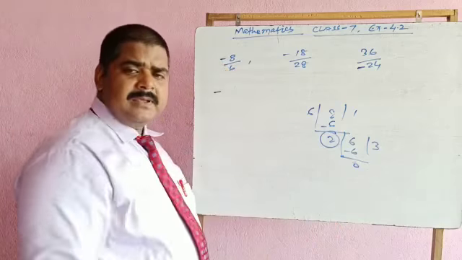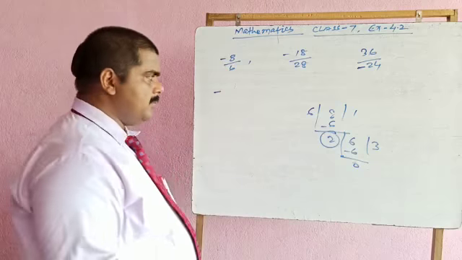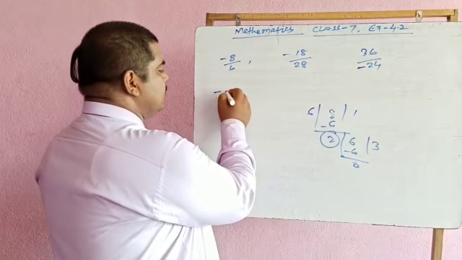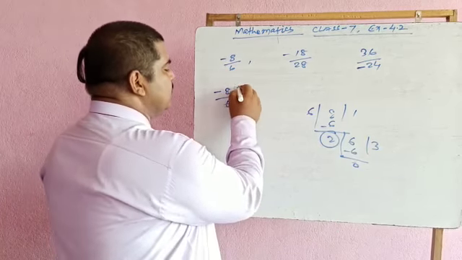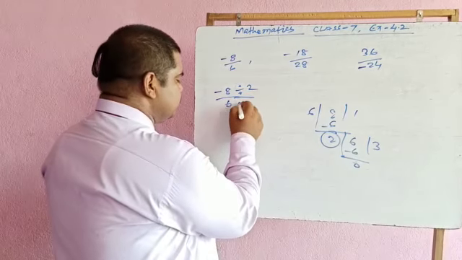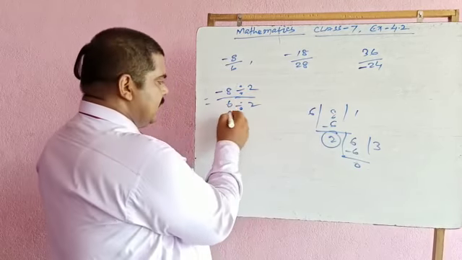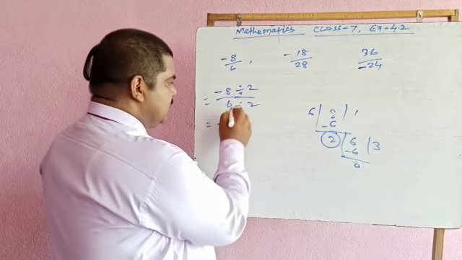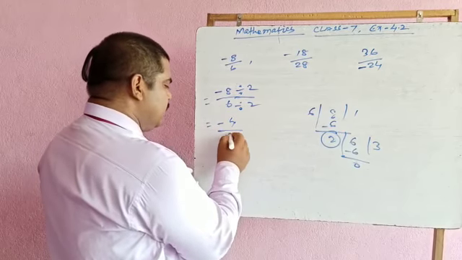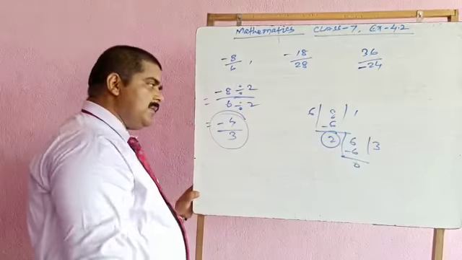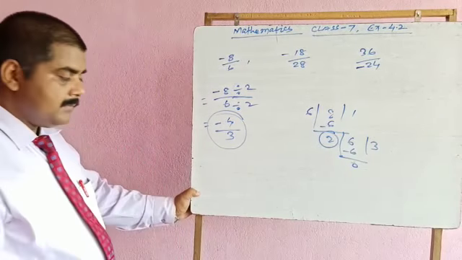So this number cannot be considered as in simplest form. To convert into simplest form, it is your duty to divide by 2. After division, it will be minus 4 upon 3. Now it has been converted into simplest form.